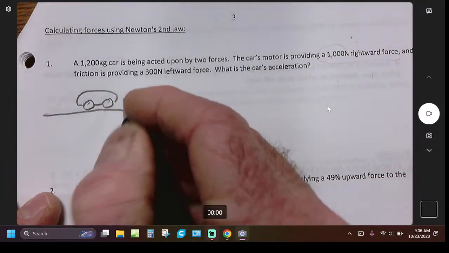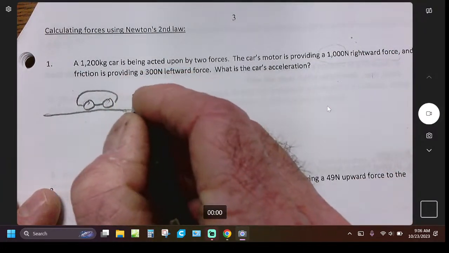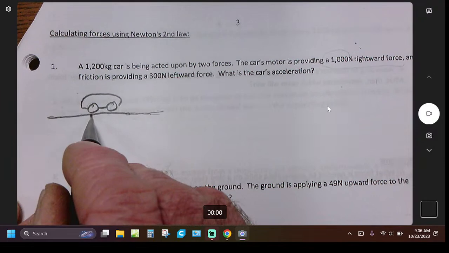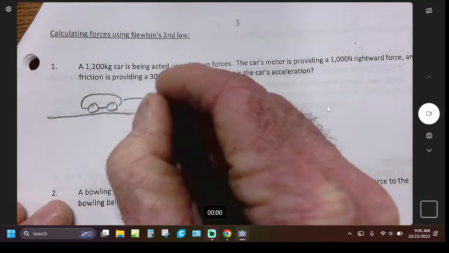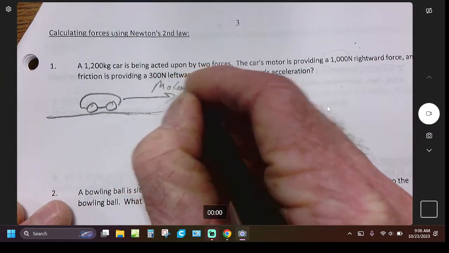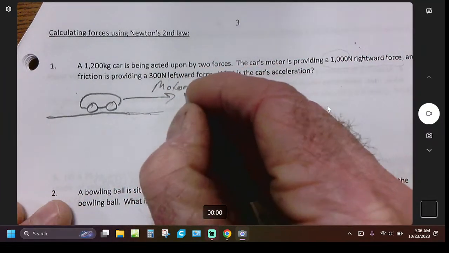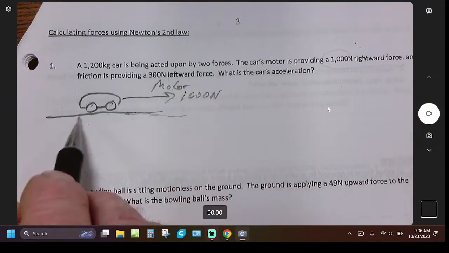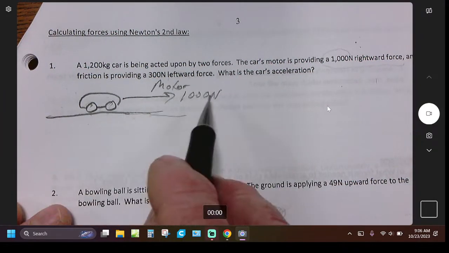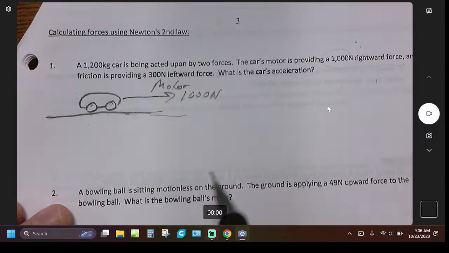But just to keep things simple for the moment, instead of saying the road is pushing the car to the right, I'm just going to draw motor, and I'm going to write 1,000 newtons. So it's getting 1,000 newtons of force exerted to the right, and the source of that is the motor.